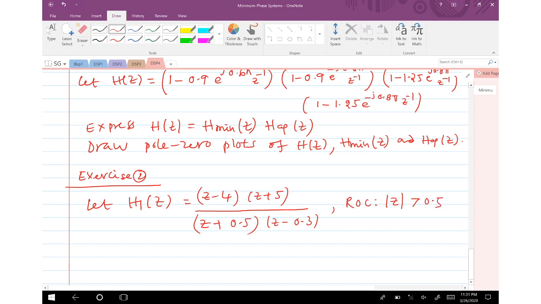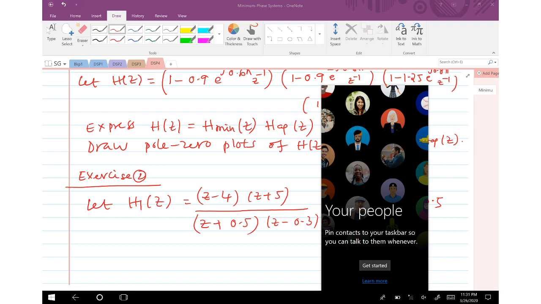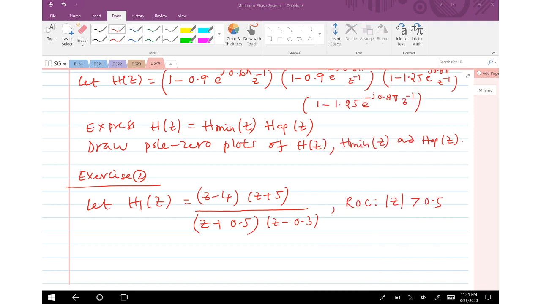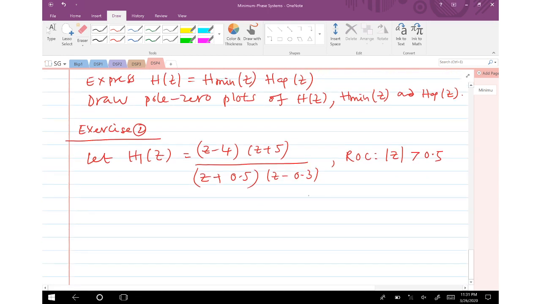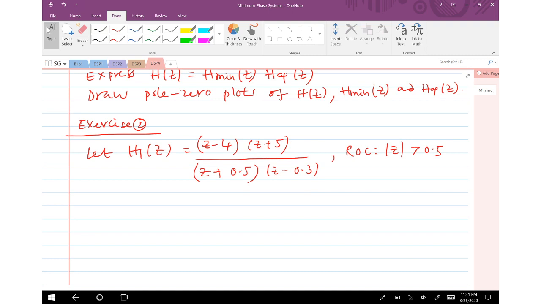You can see the original system is causal and stable. But it has zeros at z equal to 4 and -5, making its inverse non-causal, so it's not a minimum phase system.